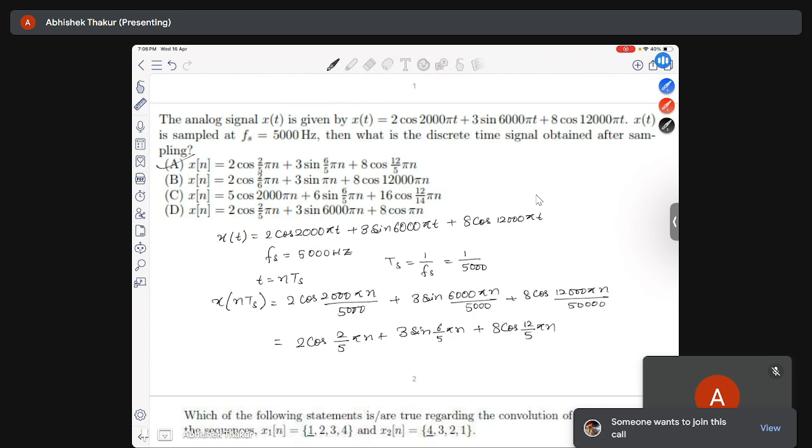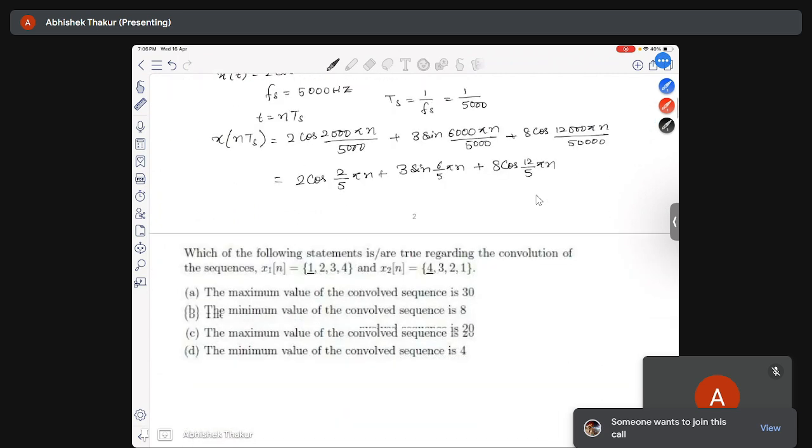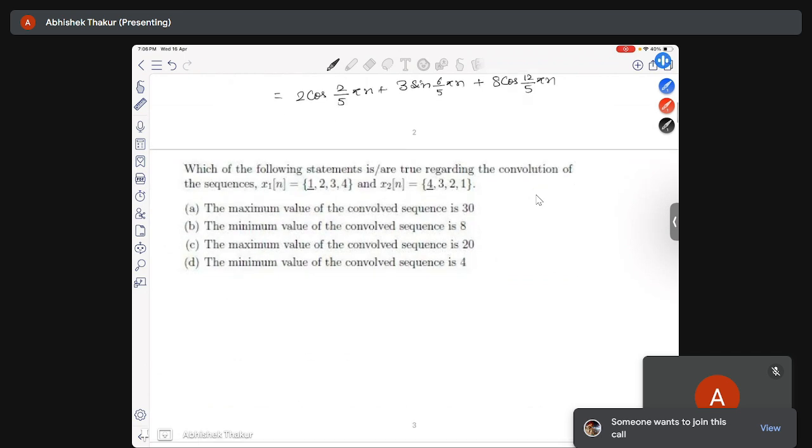So now we will move on to the next question. Which of the following statements are true regarding the convolution of sequences x1[n] equal to 1, 2, 3, 4 and x2[n] given as 4, 3, 2, 1. Write x1[n] here and this side x2[n].